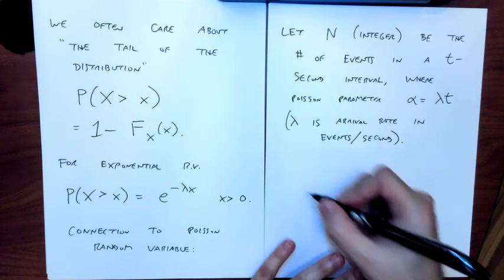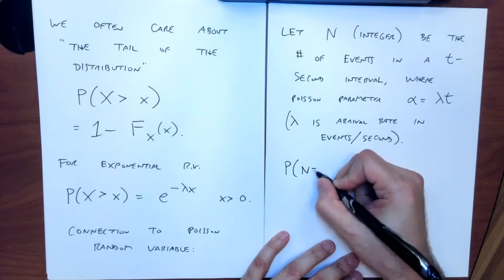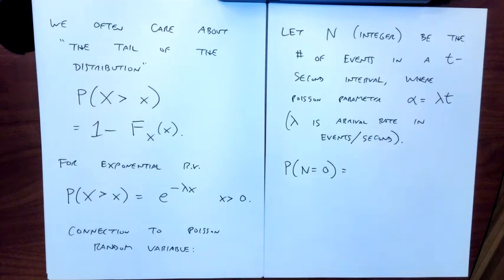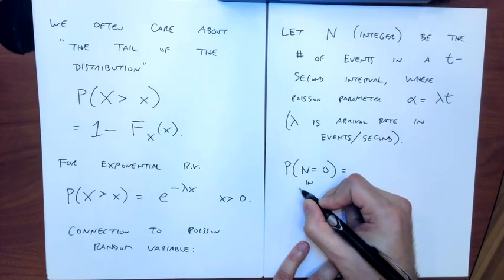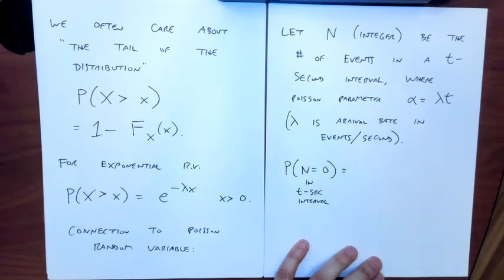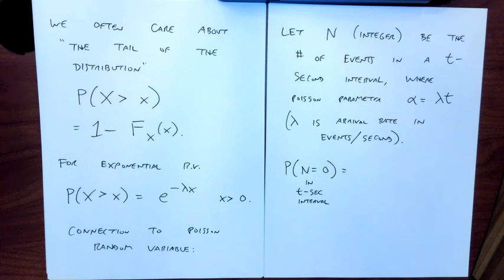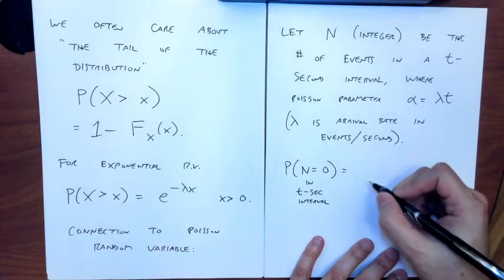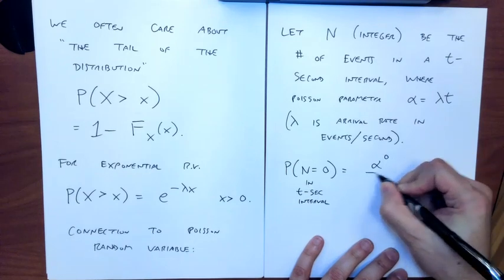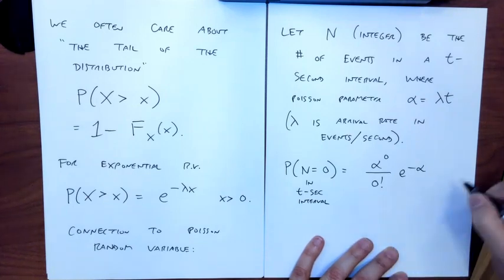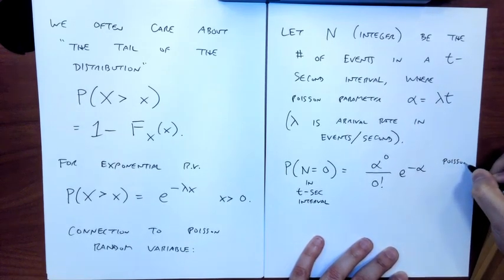Right, so if I would ask you, okay, what's the probability that n equals 0, for example? Well, you would say, okay, n equals 0 in a t-second interval. How many events did I expect to happen in that t-second interval? Well, it would be lambda events per second times t seconds. So it would be alpha to the 0 over 0 factorial e to the minus alpha, right? That was our definition from Poisson.